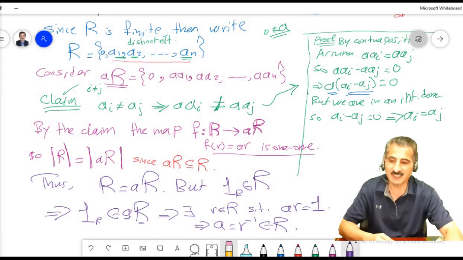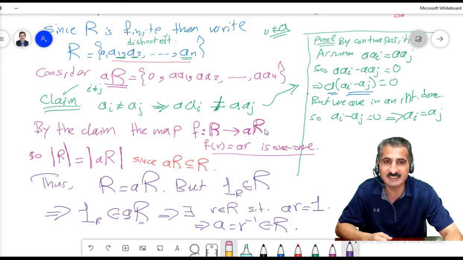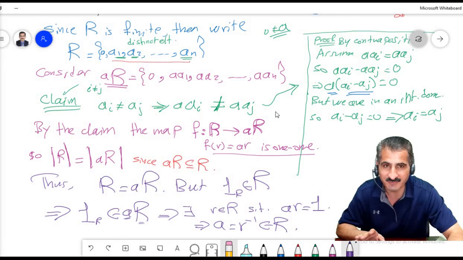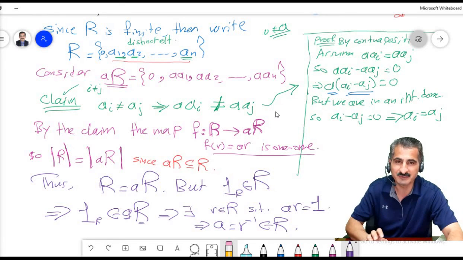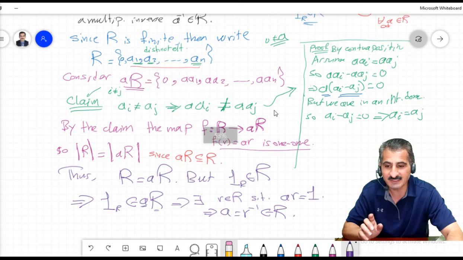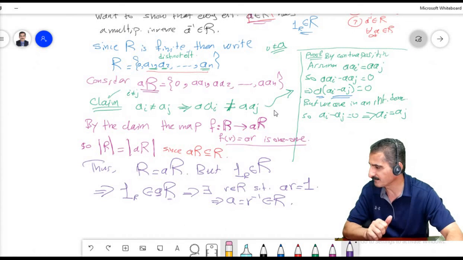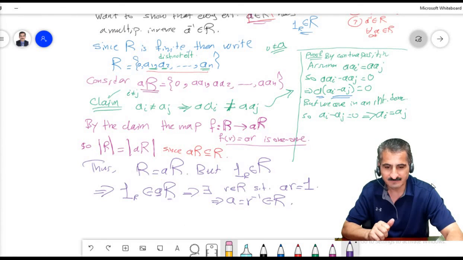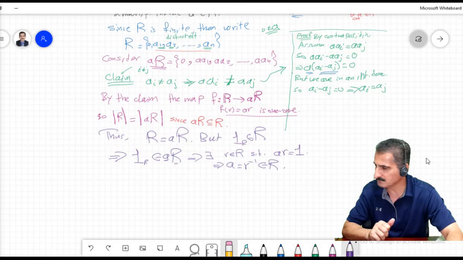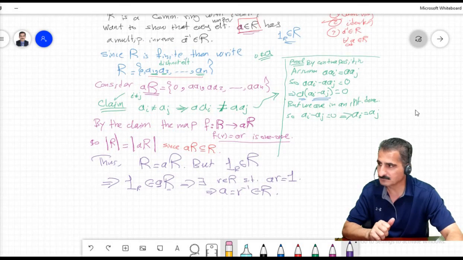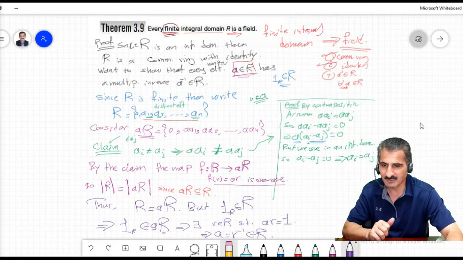So what we have shown is that given a non-zero element in a finite integral domain, there is an inverse of that element in that integral domain. And this is the whole proof.